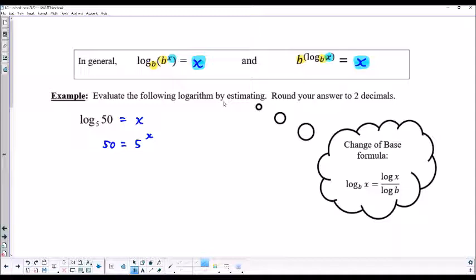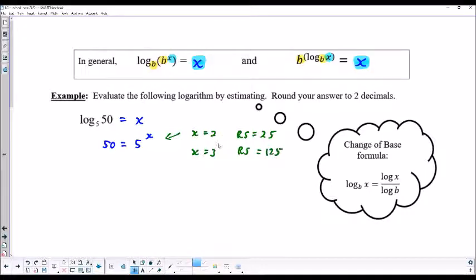So if we're to estimate, well, then we're just going to basically be guessing values in here. So if x is 2, then the right side equals 25. If x is 3, then the right side is 125.